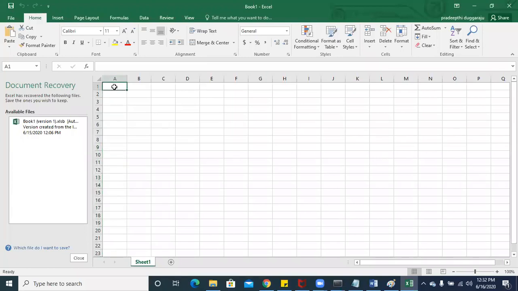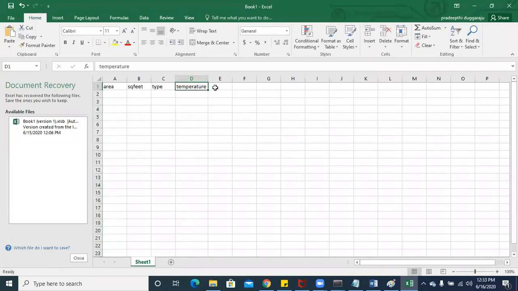I have input variables like this: area, square feet, type of house, banks, and let's suppose temperature of the area, humidity of the area, and I have price here.